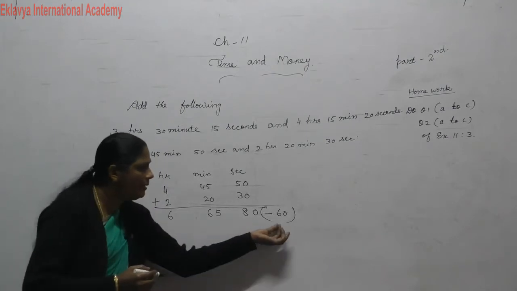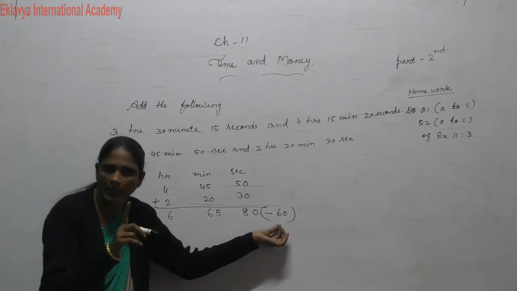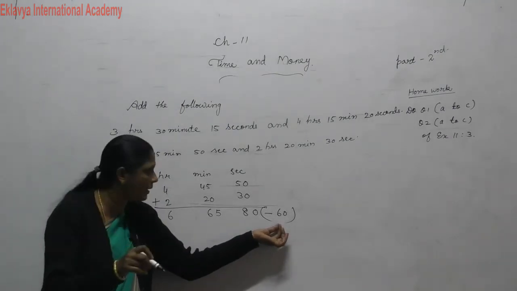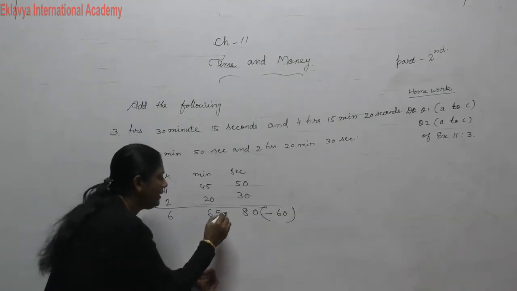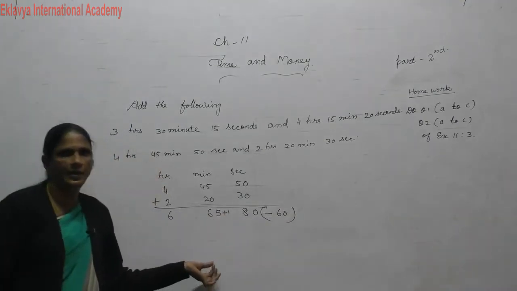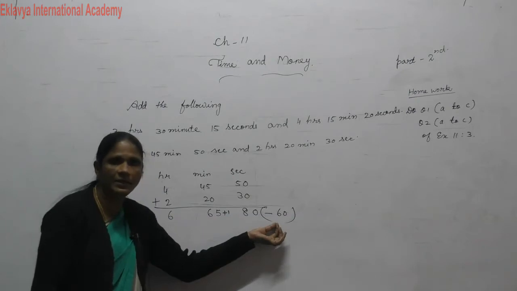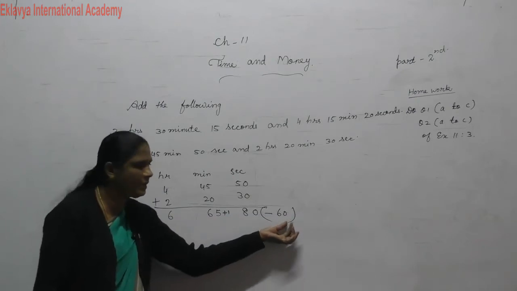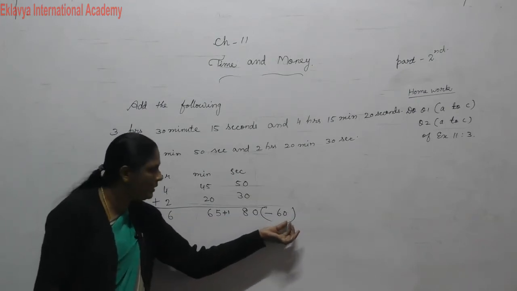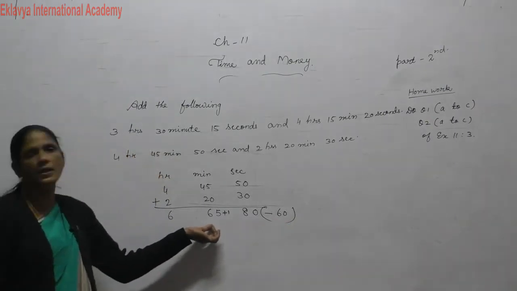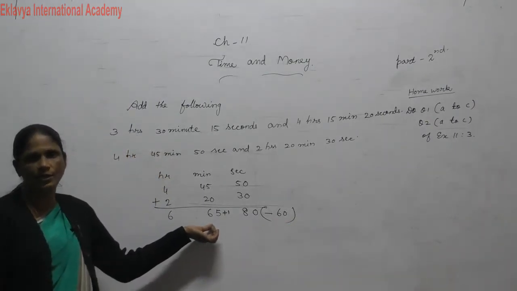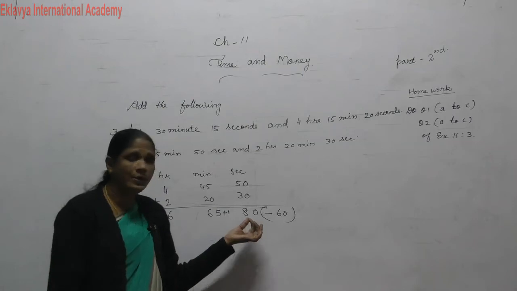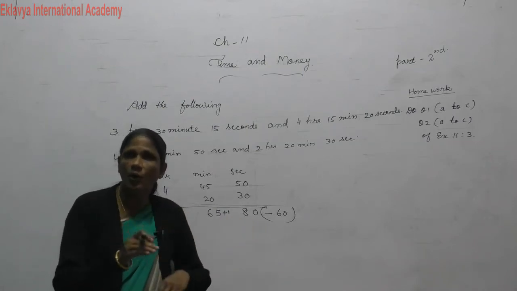Then we subtract 1 minute, that is 60 seconds, and we add 1 here. That is, we subtract 60 seconds, which is equal to 1 minute, then this minute we add here. Understand?